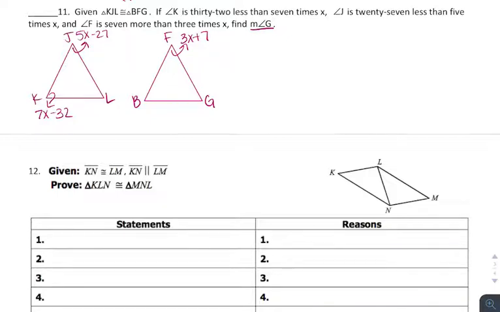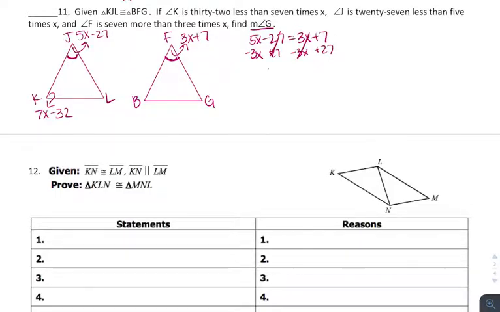So what we're going to do here is set J and F congruent to each other because the triangles are congruent, so we know that J and F are equal. So 5x minus 27 equals 3x plus 7. Subtract 3x, add 27.